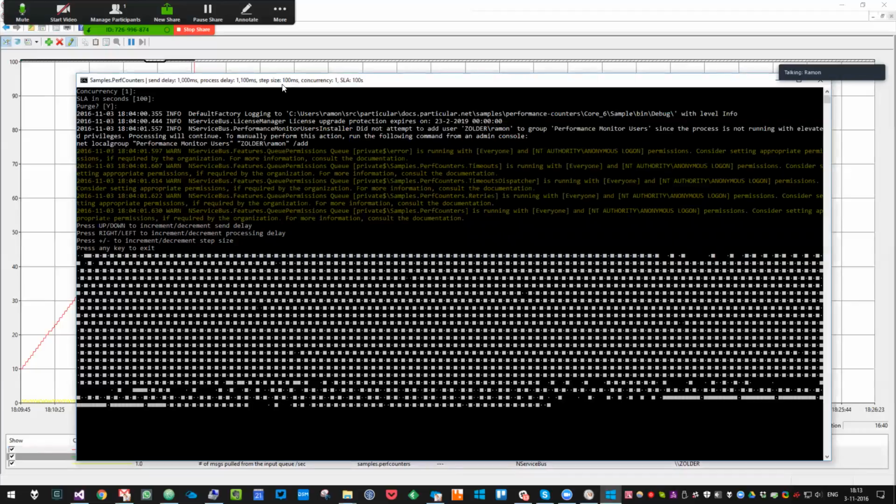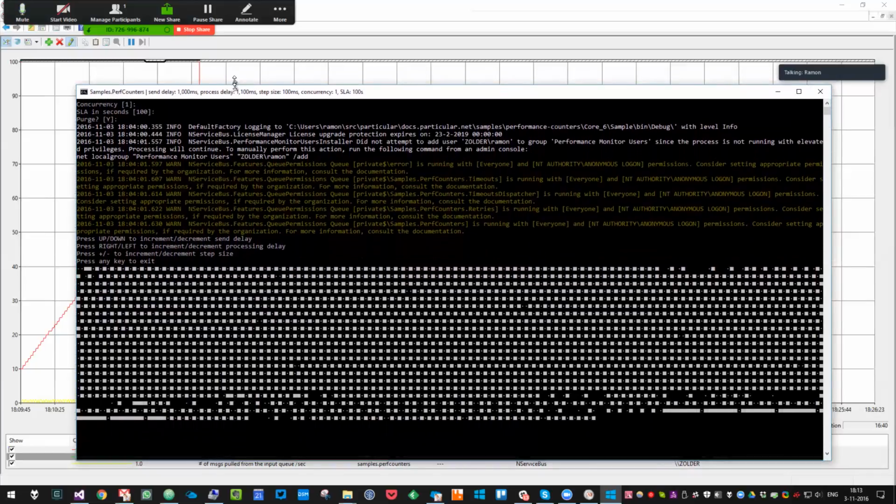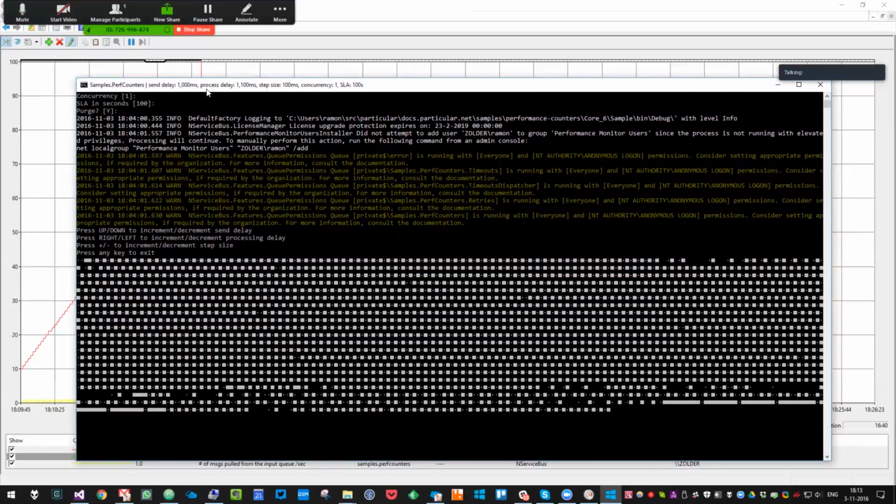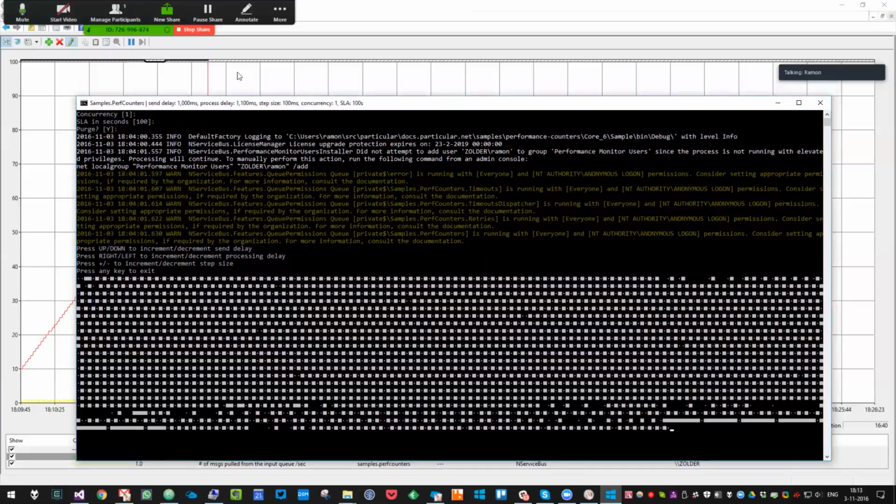So if we take a look at the service level violation countdown, based on those last 10 messages, we should see that because the endpoint cannot keep up, eventually this service level agreement will not be met.